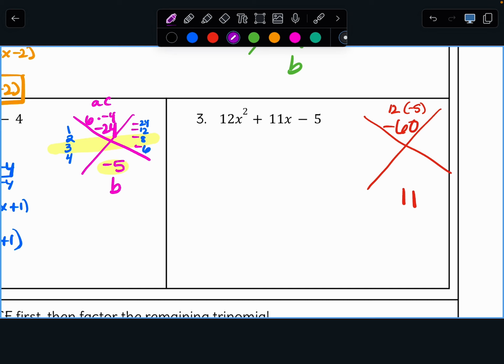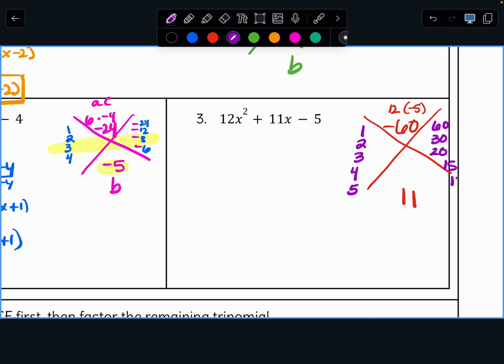If you make yours, I want you to pay attention to how I process my factors. I start over here with the small number 1 and whatever it is, times 60. And 2 times 30. And 3 times 20. And 4 times 15.